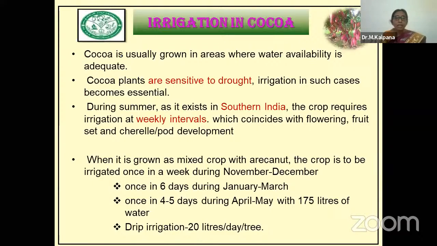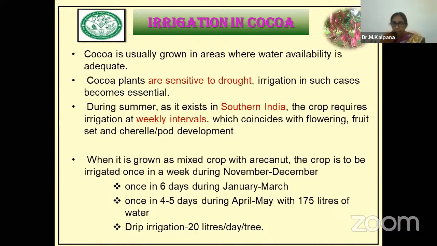Coming to irrigation, cocoa is generally grown in areas where water availability is adequate, but cocoa plants are very sensitive to drought, so irrigation is essential. During summer months, especially in South Indian conditions, the crop should be irrigated at regular weekly intervals, coinciding with flowering, fruit set, and pod development.